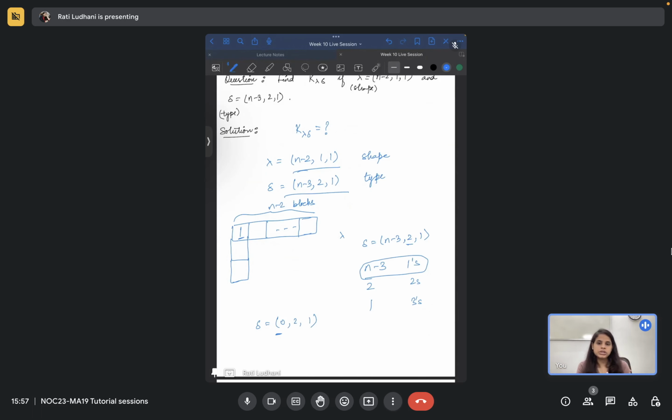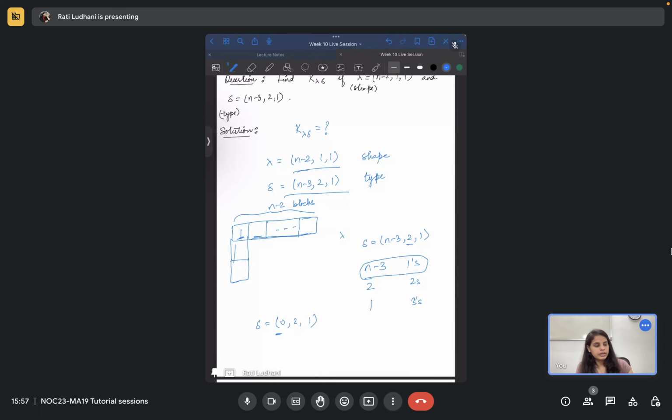But when 1 is there, if you put 2 here, for example, then you cannot have 1 in this row, or even in the columns. You cannot have 1 anywhere, because of the restriction of strictly increasing and weakly increasing. So you have to start with 1 if 1 is there.